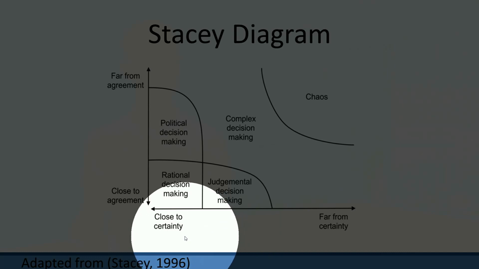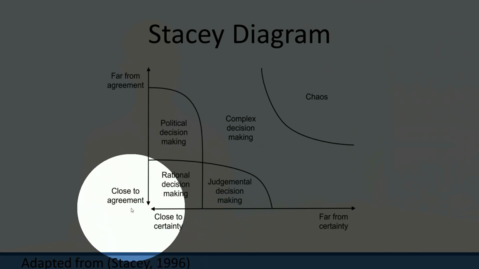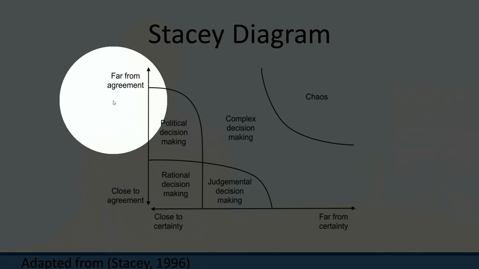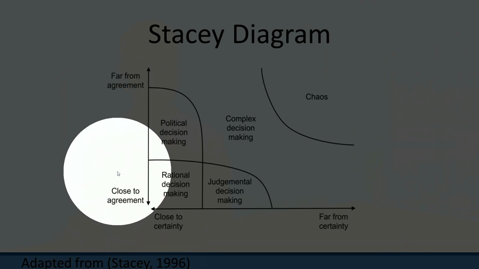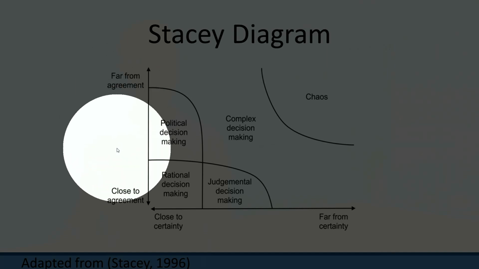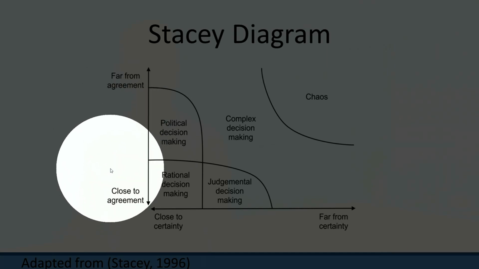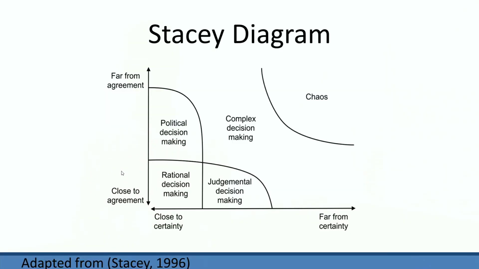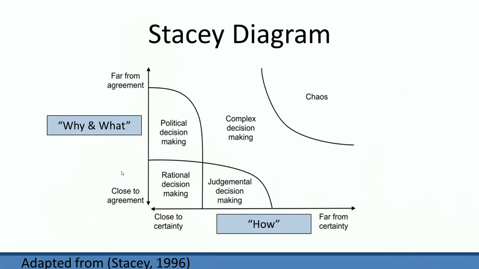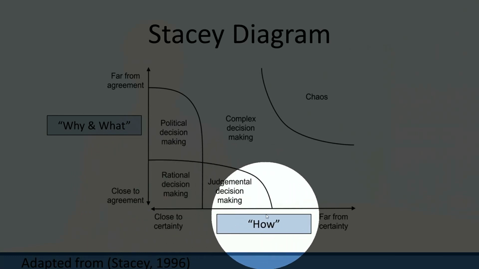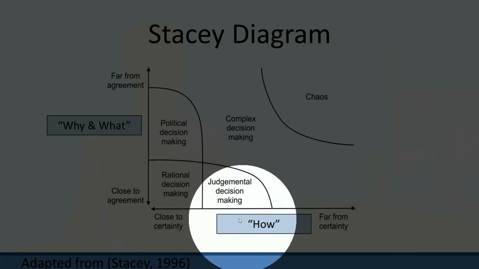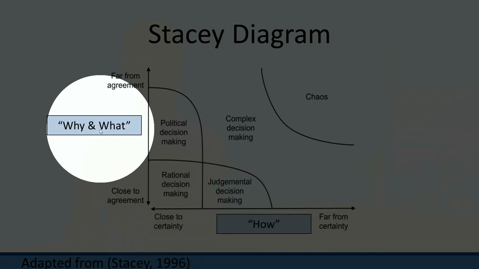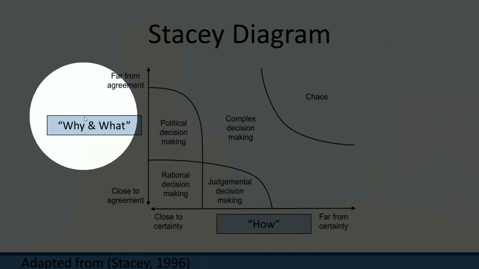And on the y-axis, we've got how close to agreement people are on why we need to make some kind of intervention, or even broadly what needs to change. The way I think about this as a BA practitioner, and again this is a bit of an extrapolation, is that the x-axis is what we would call how, like the solution type axis or intervention. This axis is why and what.